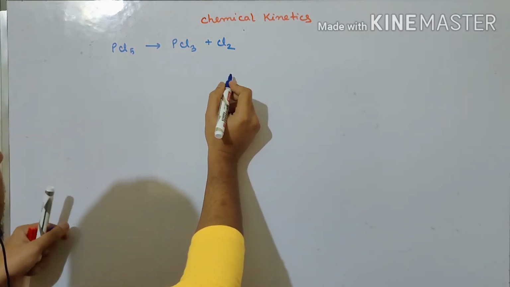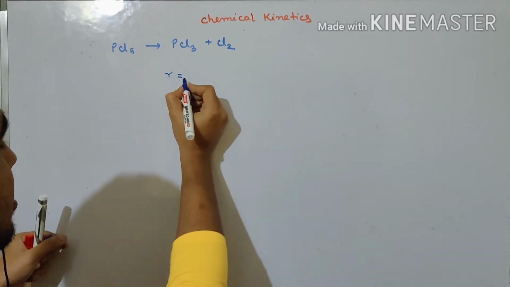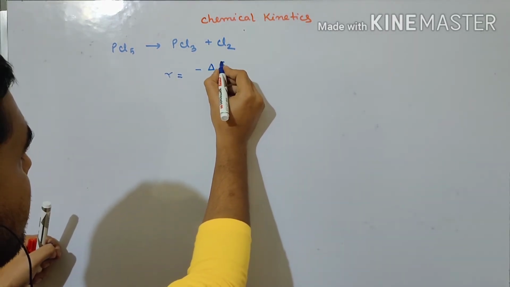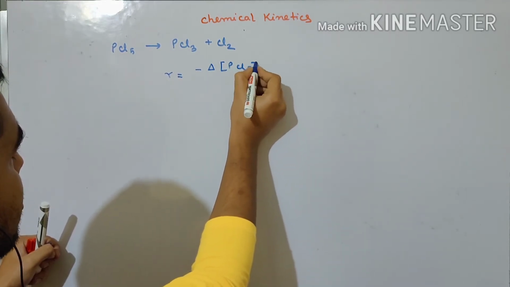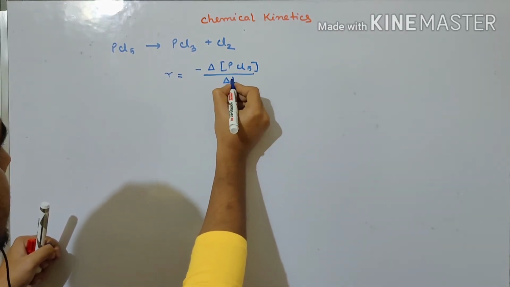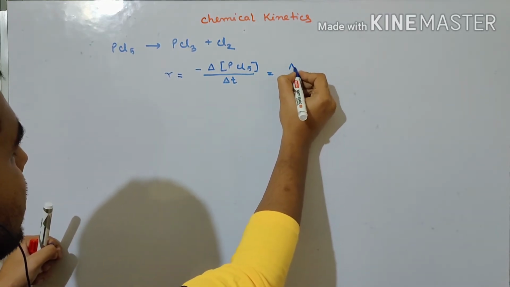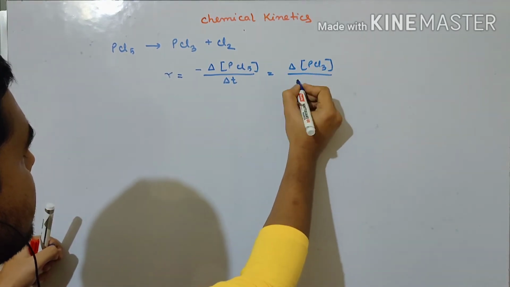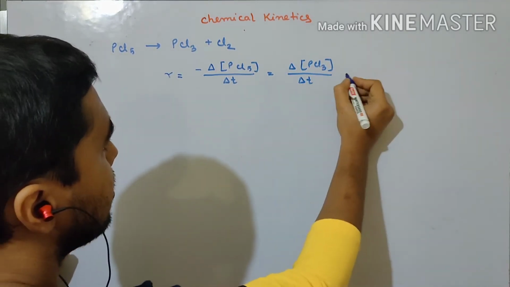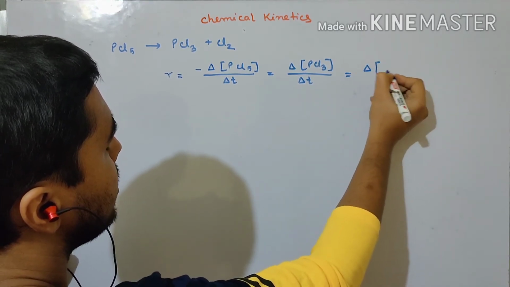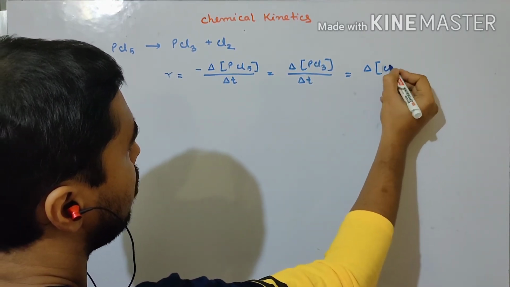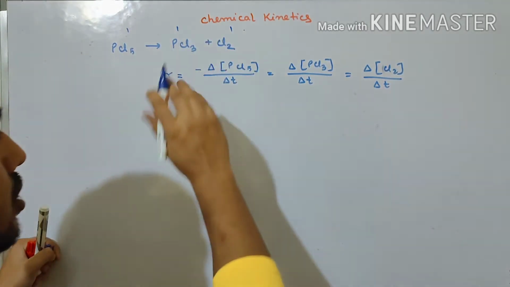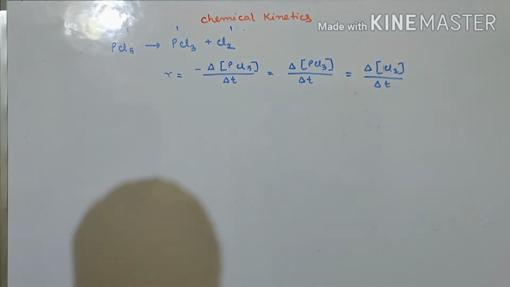There, we should be able to write that the rate, which is represented as R, is minus delta of the concentration of PCl5 divided by delta T, is equal to the change in the concentration of PCl3 divided by delta T, is equal to the change in the concentration of chlorine divided by delta T. So all of these have 1 mole each.